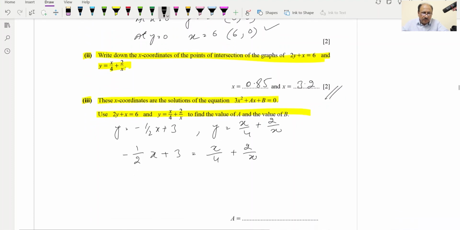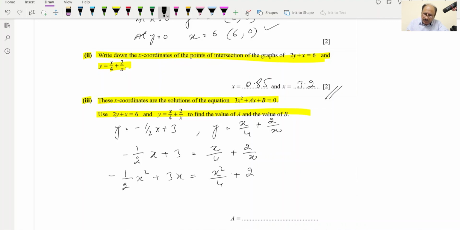Now we can simplify, and for simplification we will multiply everything by x. So it will be minus 1 over 2 x squared plus 3x is equal to x squared over 4 plus 2.